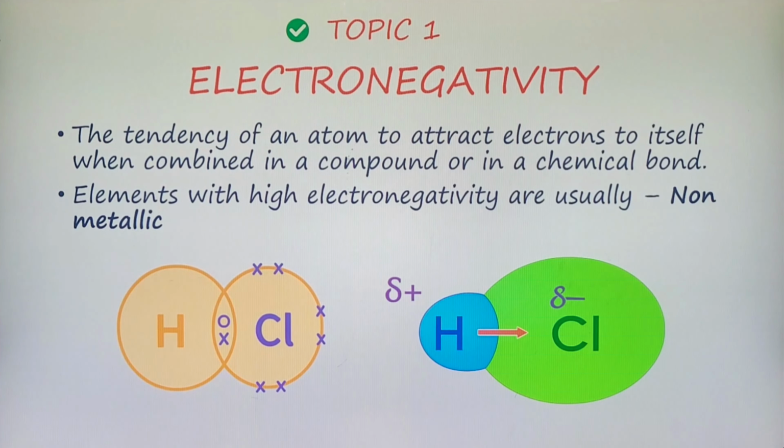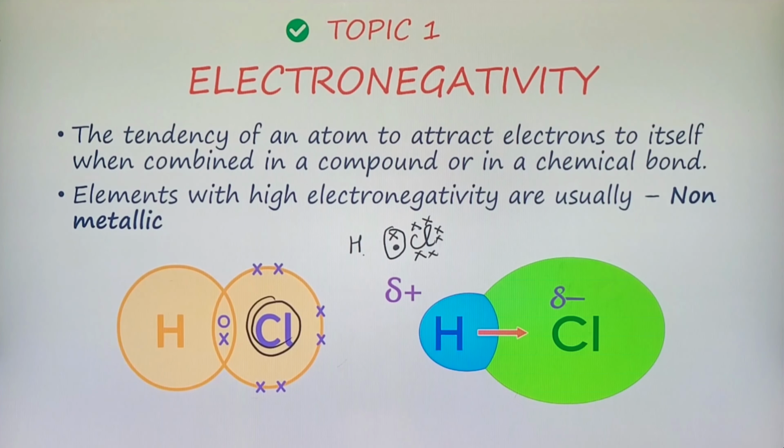The tendency of an atom, here the chlorine atom, is to pull the shared pair of electrons towards itself. So how will the diagram become, children? The shared pair of electrons is going to be more towards chlorine. Yes or no, children?